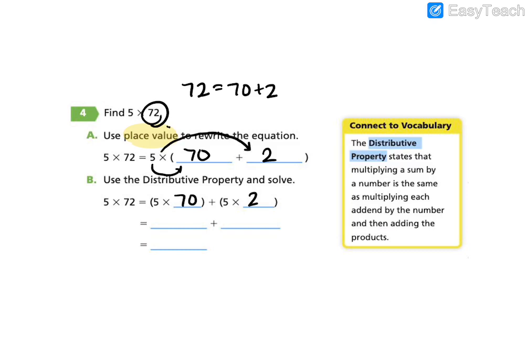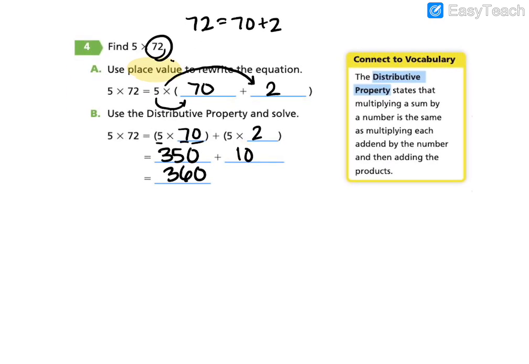So that's just what we're showing here, 5 times 70 plus 5 times 2. 5 times 7 tens is 35 tens. 5 times 2 is 10. So we add up these two partial products, and we get 360 as our final product.